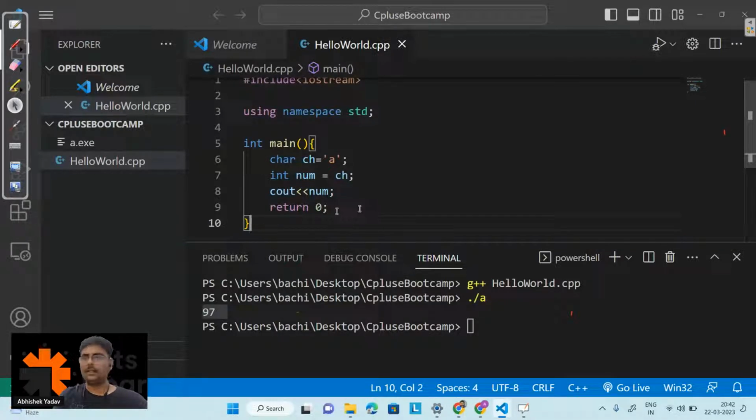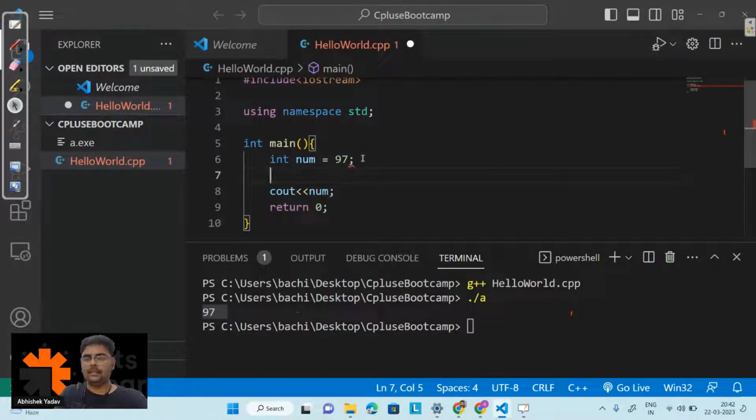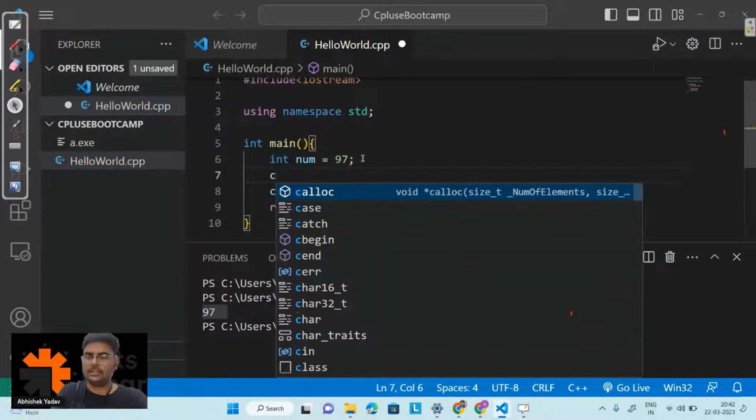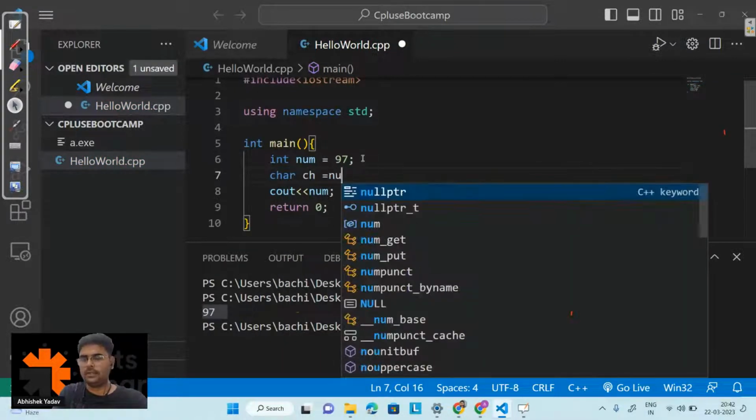Yeah. So let's move to the next topic, the next question. Let's assume this time I have num equal to 97, and I have char ch equal to num, right?